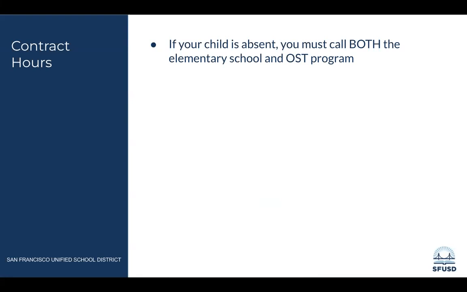And so when we try to pick them up, we get worried if your child is not there. So even though you tell the elementary school, you still have to tell the OST program if your child will not be there that day.